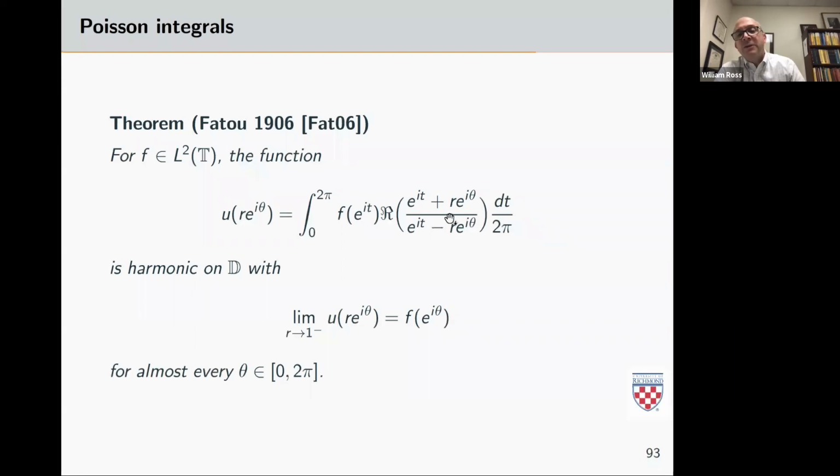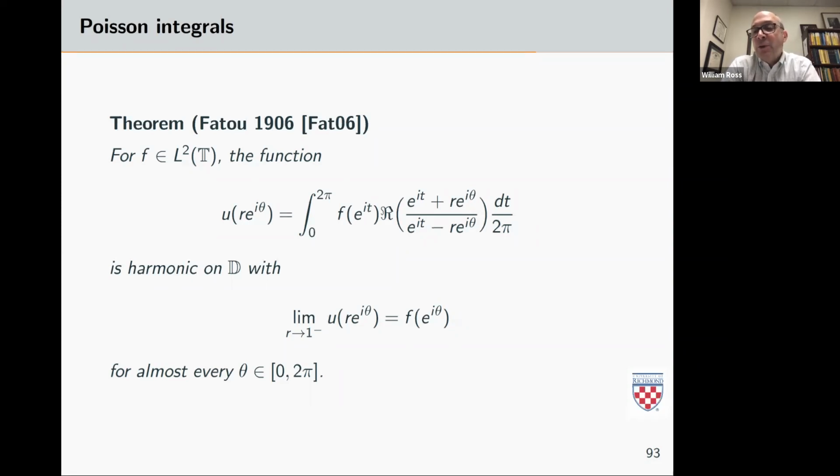Notice that as a function of r e to the it, this part here without the real part is an analytic function. So its real part will be harmonic, and differentiating under the integral sign will show that U is a harmonic function. And then Fatou's theorem will show that the radial boundary values of U are equal to f almost everywhere.